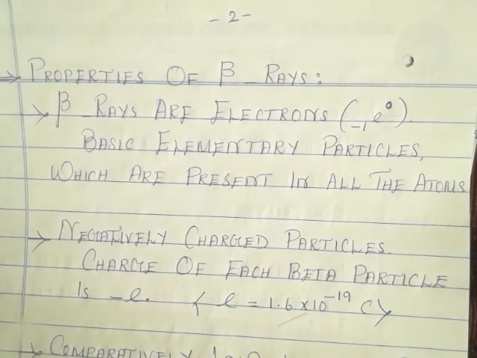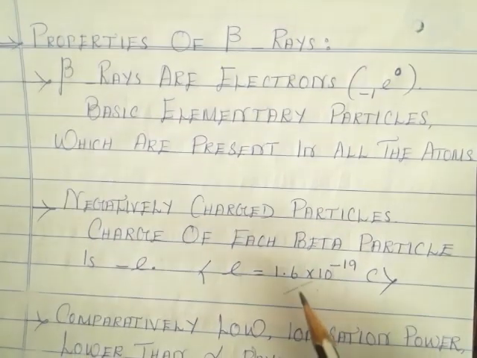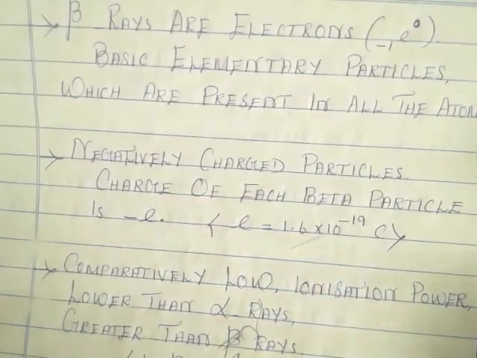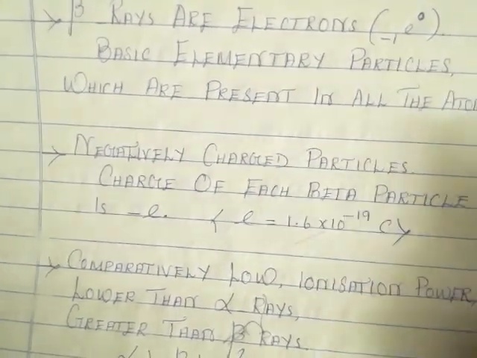Beta rays are negatively charged particles. The charge of each beta particle is minus e. The equivalent value of e is equal to 1.6 into 10 power minus 19 coulomb. This is a constant value.